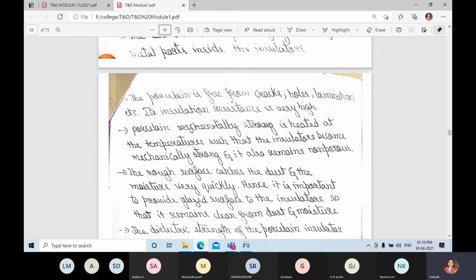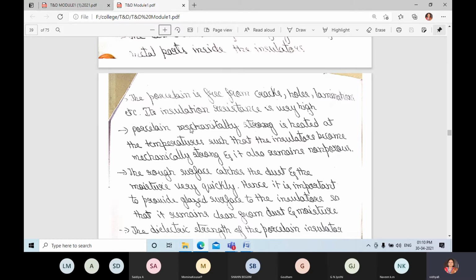The porcelain is free from cracks. You know about cracks, right? If there are any cracks, they will absorb moisture, which will affect the insulator, and the insulating properties will be reduced. That should not happen, because any leakage current in the conductor should not go directly to the earth.